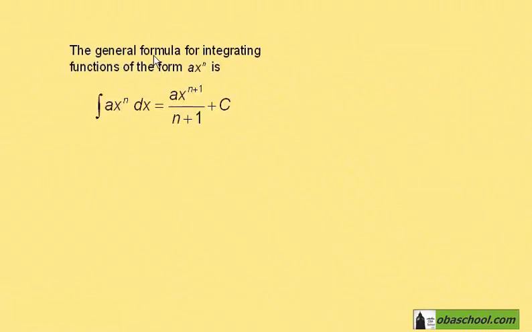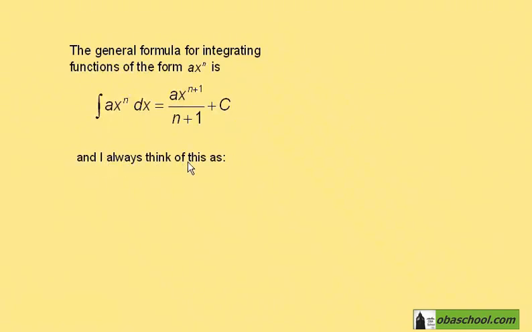The general formula for integrating functions of the form ax to the power n is that the integral of a times x to the power n with respect to x is a times x to the power n plus 1, divided by n plus 1, plus a constant.